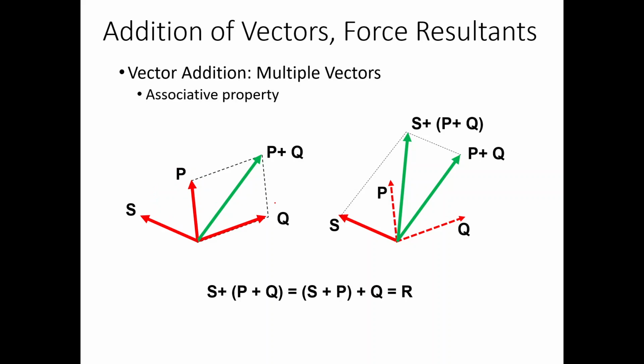So for example, in this diagram, you're still going to use the head to tail or the tip to tail technique. So again, if you don't want this type of diagram, what you need to do is add up the different forces.